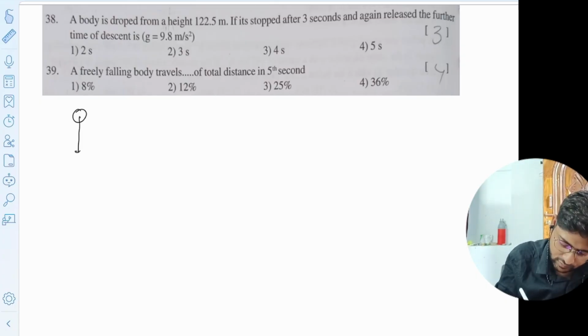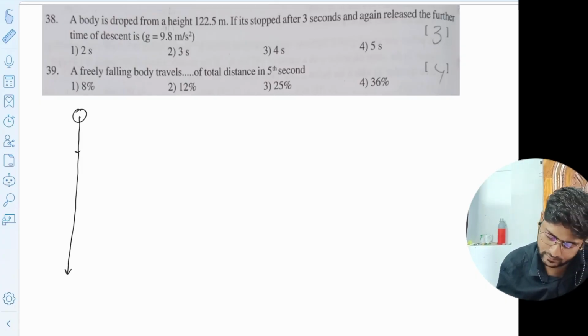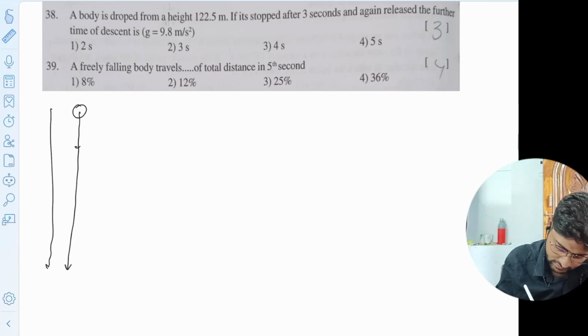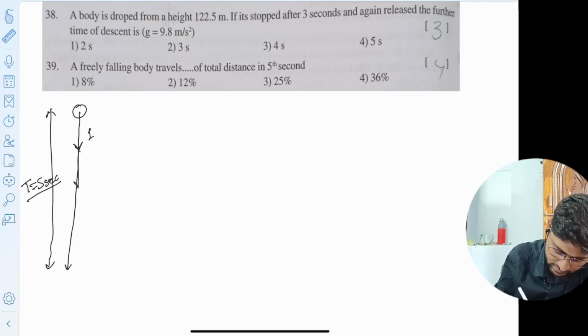If something is falling, suppose the total time it falls is 5 seconds. Total time equals 5 seconds. So first suppose here it falls 1 second, here 2 second, 3 second, 4 second. This is the fourth second, this is the fifth second.